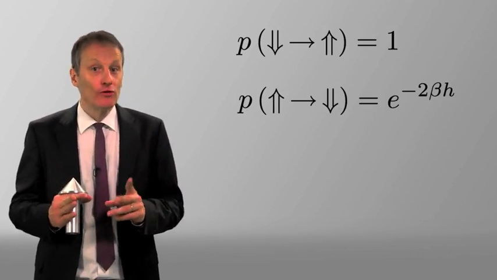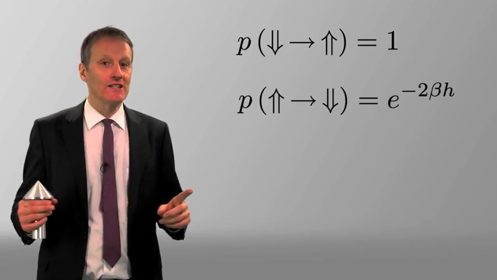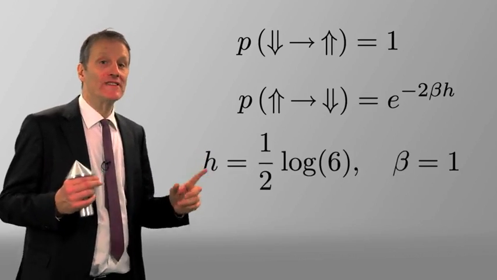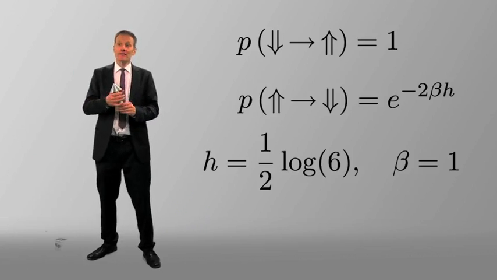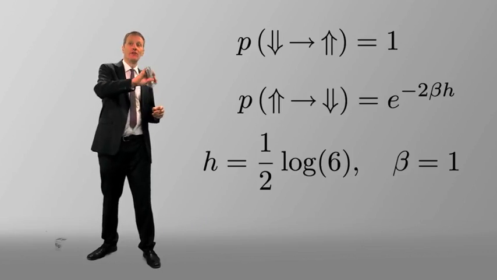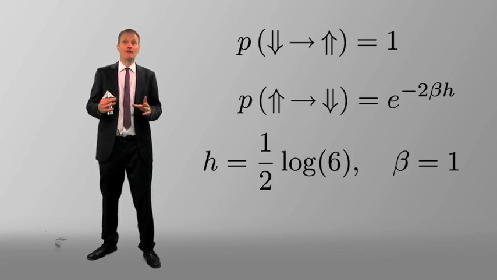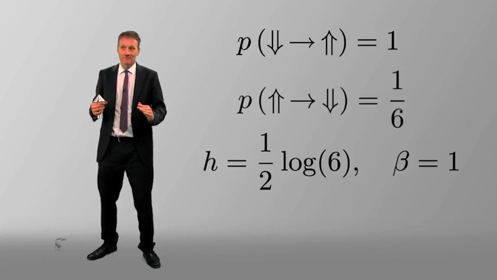So now, to make progress, we choose a particular value of h. In fact, we choose logarithm of 6 over 2. So now, the probability to flip from up to down is exponential of minus 2 times logarithm of 6 over 2, which is equal to the exponential of minus logarithm of 6, which is equal to 1/6.